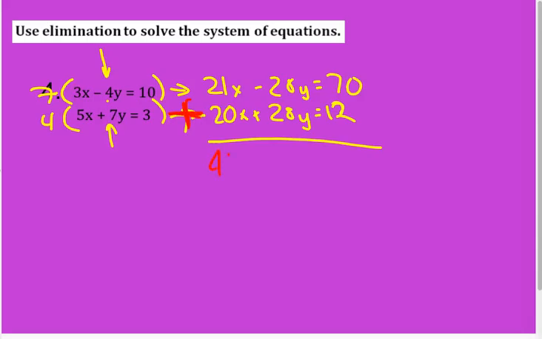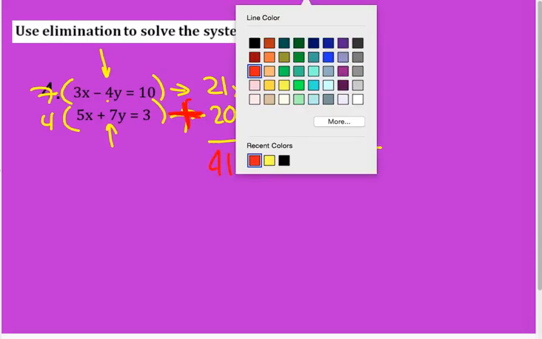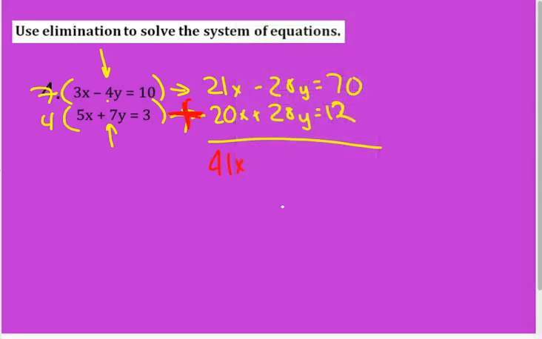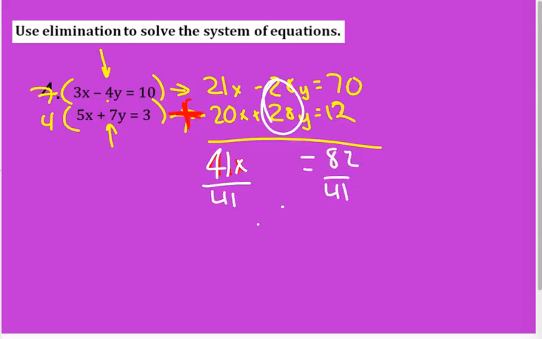I'm going to get 41x. This becomes 0 equals 82. So divide by 41. x equals 2. Now go back and substitute that in and solve it. And I don't care where you substitute it back in.